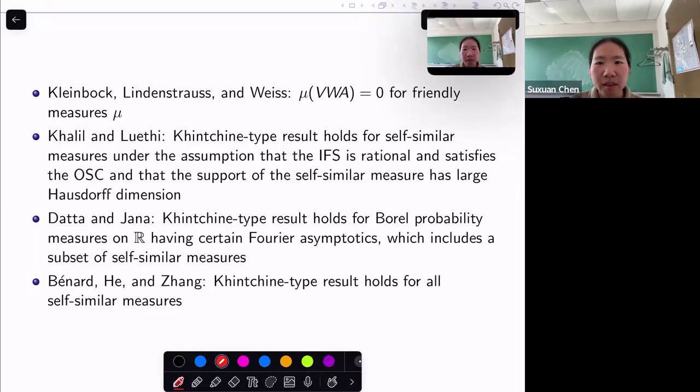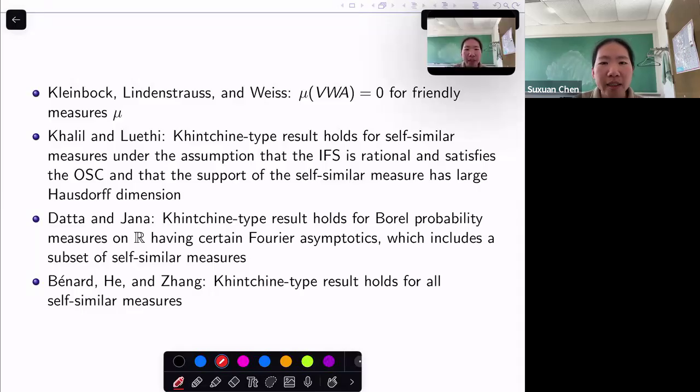And then Khalil and Luethi showed that a Khinchin type result holds for self-similar measures under the assumption that the underlying iterated function system is rational and satisfies the open set condition, and that the support of the self-similar measure has large Hausdorff dimension.